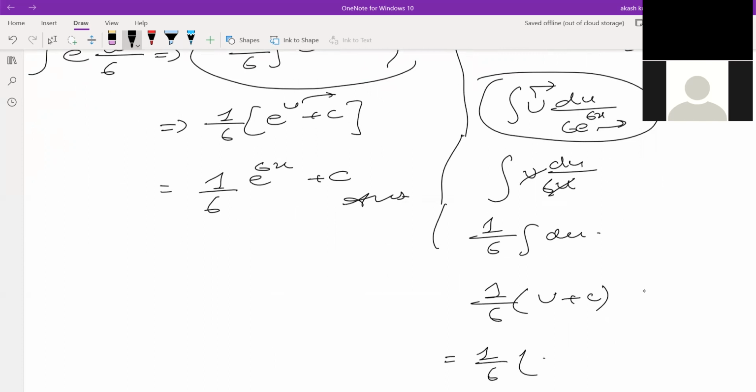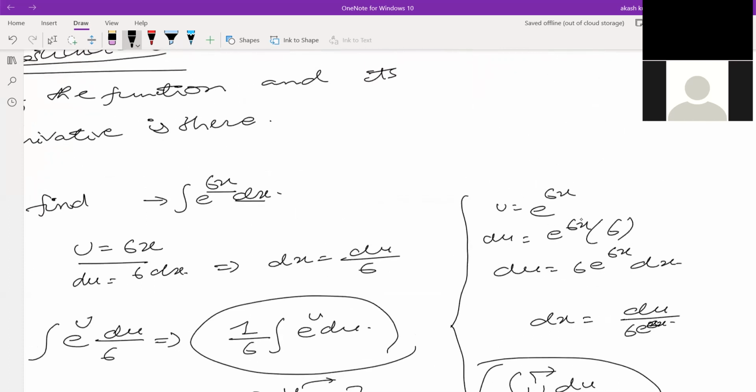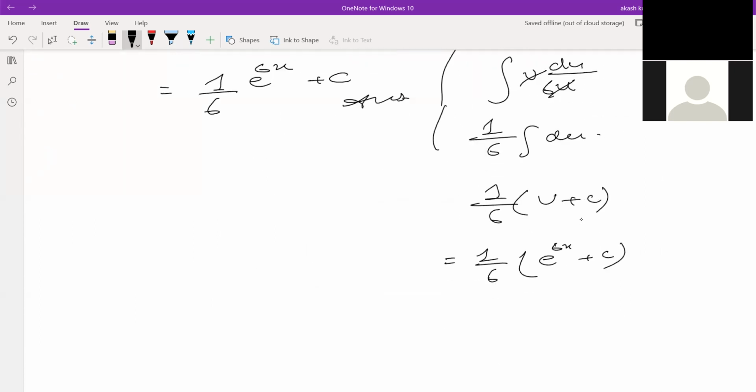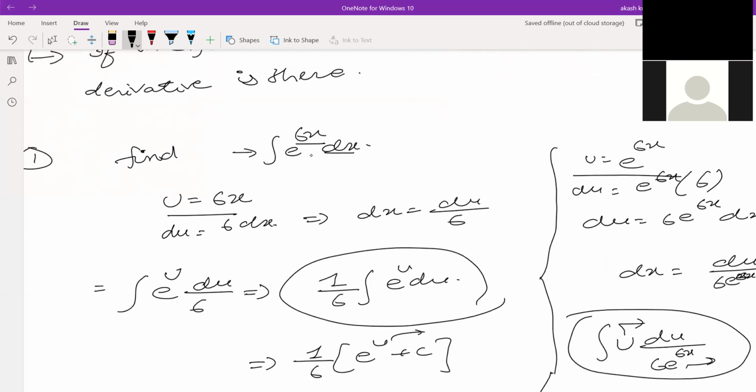And our u was e^(6x) plus c. So we have got the same answer both ways. We can choose either, but this question was simpler because it has no derivative of e^(6x) or 6x inside.